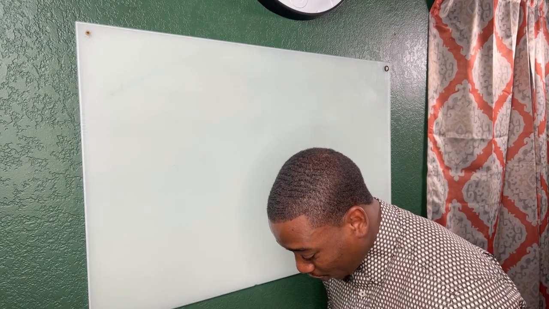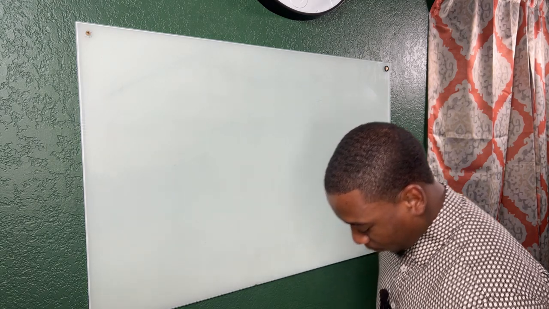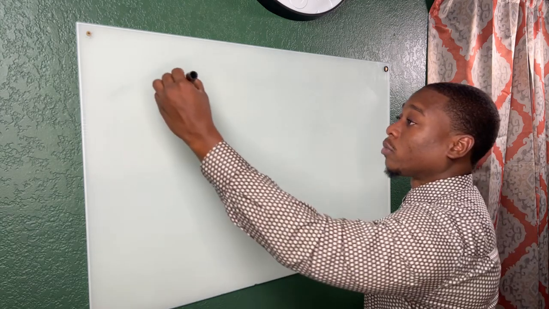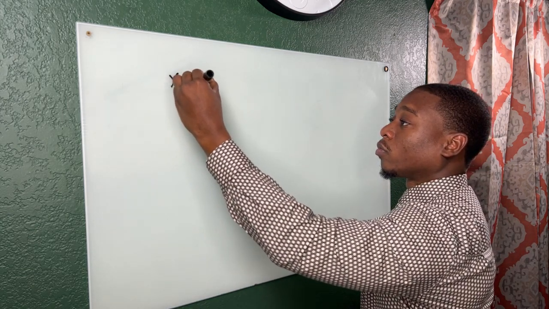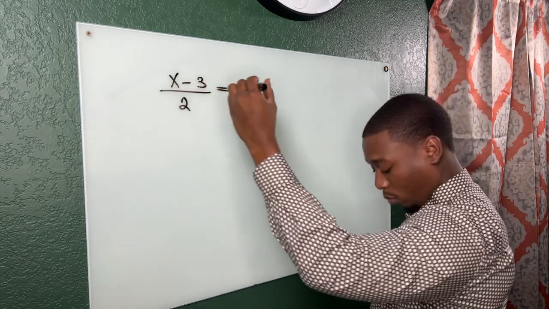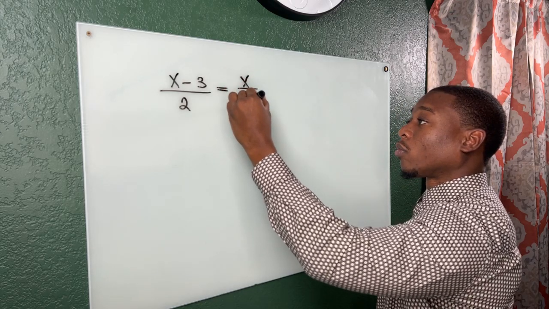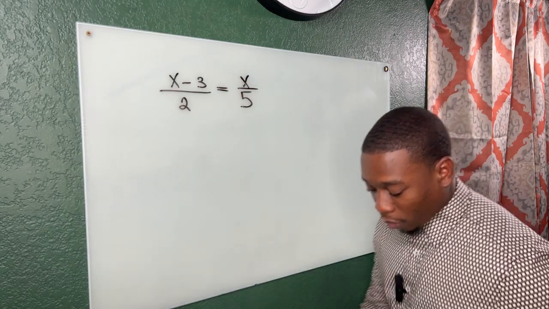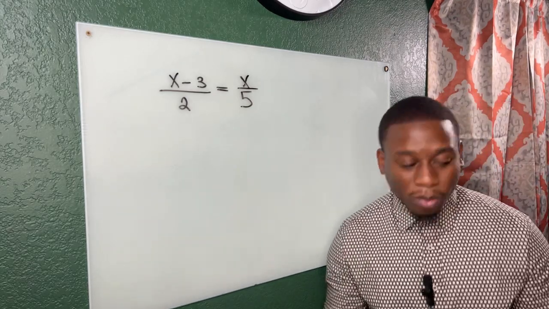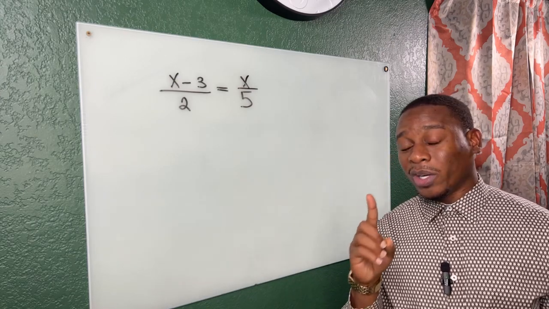All right, so our last problem of the day, where is it? Okay, let's set this one up. Okay, so the last problem I really wanted to talk about, and what they typically will not do, is give us more than one x.